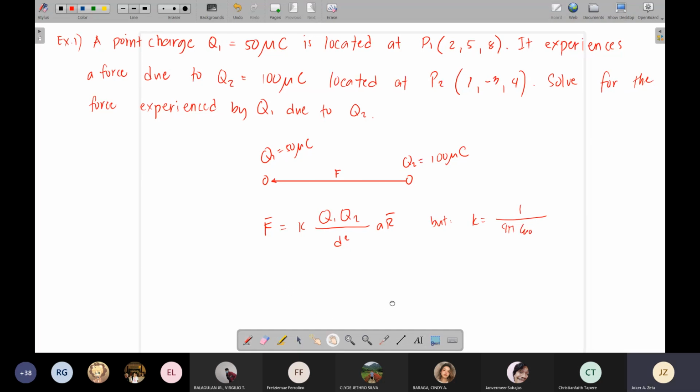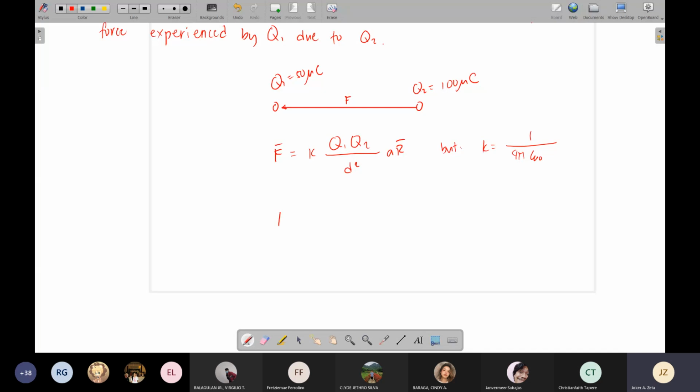Okay, so we can have force is equal to Q1 Q2 over 4 pi epsilon naught times distance squared. Now, sa atong unang solve, Q1 and Q2 is given. Okay? 4 pi and epsilon naught, they are constants.